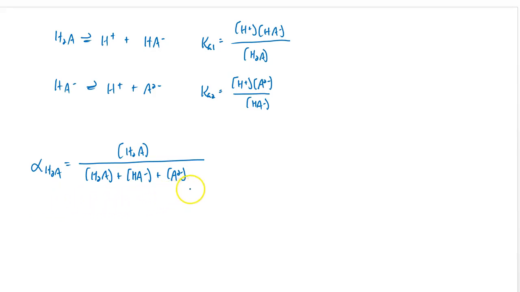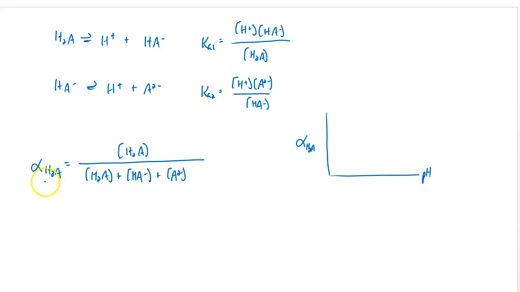So here I've rewritten our equation for the fraction of H2A. Again, that's the part over the whole. And if I'm asking you to make a plot of the fraction of H2A as a function of pH, we've got to get rid of these different variables. We've got to express alpha in terms of H+. And right now, alpha is expressed in terms of three different variables, H2A, HA minus, and A minus 2.